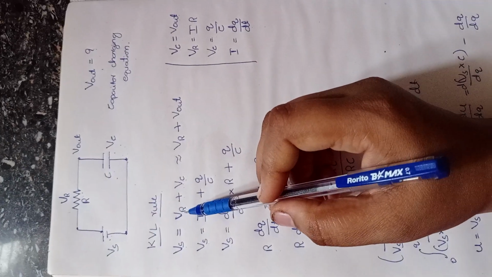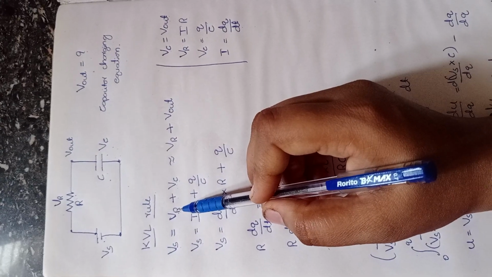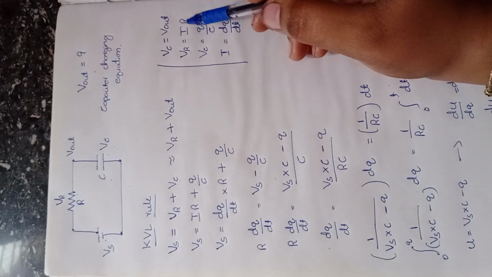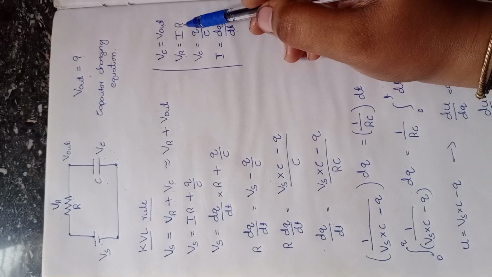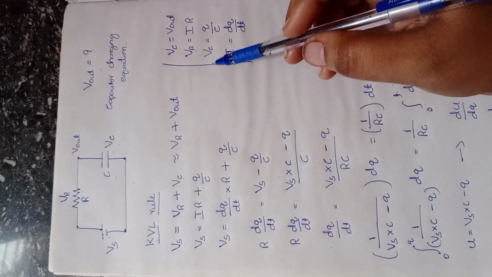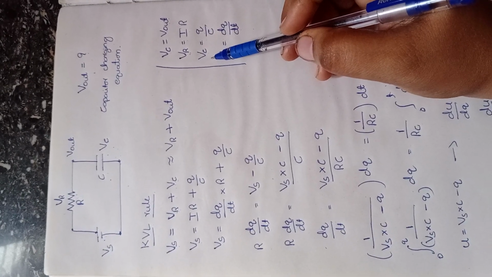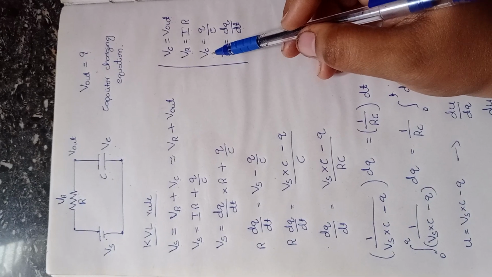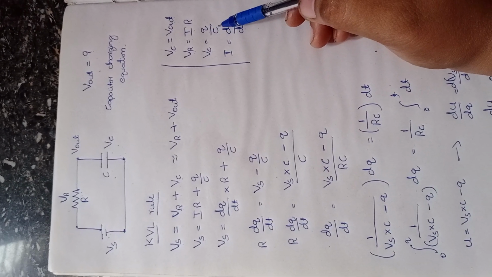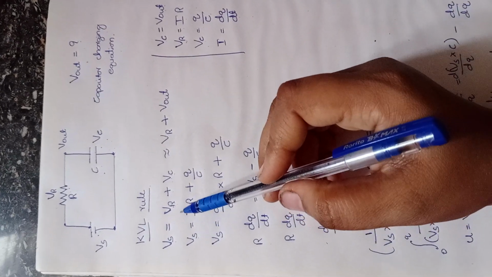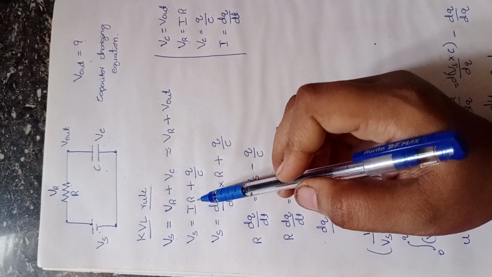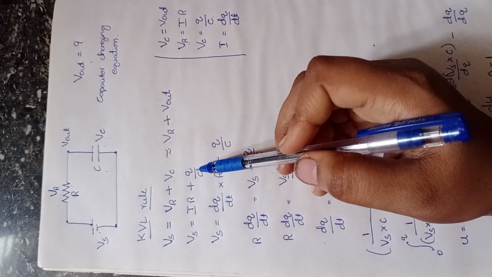And also the voltage drop across the resistance, we can write that Vr is equal to I into R. Current through the resistor into the resistance value will give the voltage drop across the resistor. And also the voltage drop across the capacitance, we can define as the total charge divided by the capacitance value. So I am replacing this Vr and Vc by I into R plus Q by C.